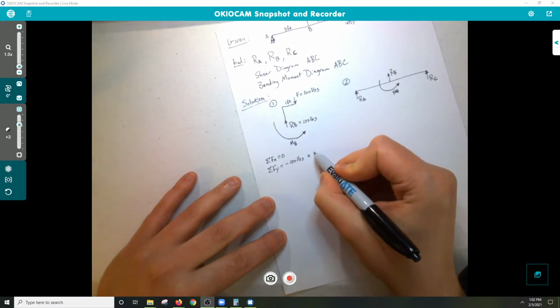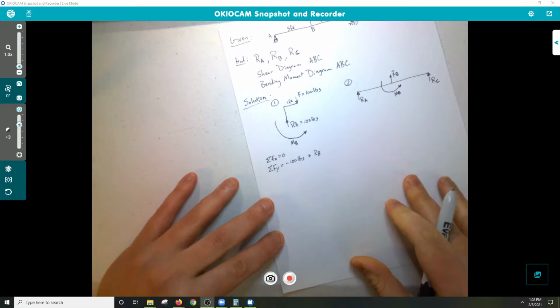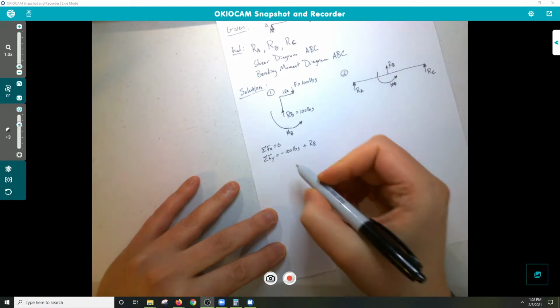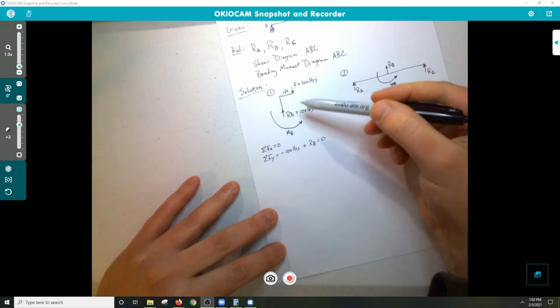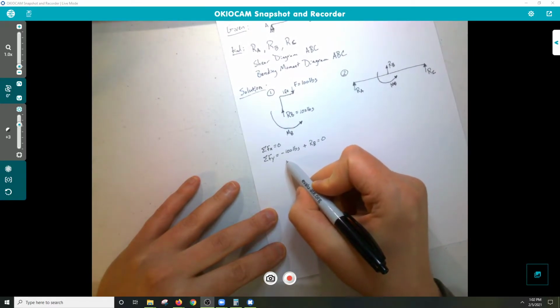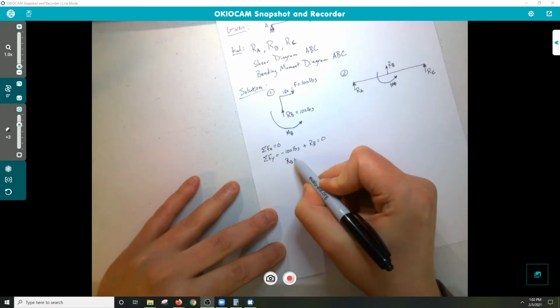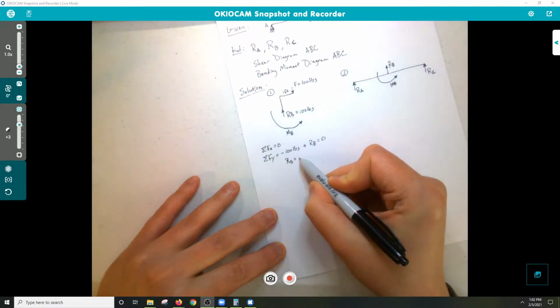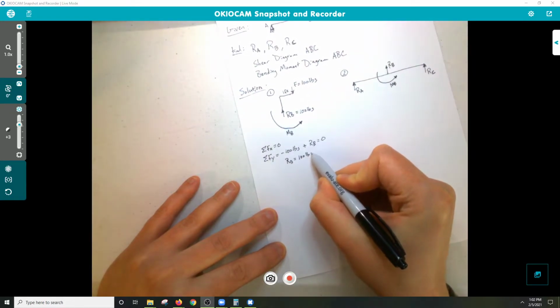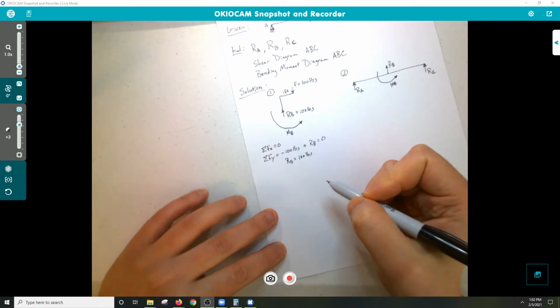Well, plus RB. I already assumed 100 pounds because I could tell, there was only one other force, right? But in this case, we could just show this, and then, well, reaction at B is equal to, let's go to the other side of the equation, would be a positive 100. So there's reaction at B.